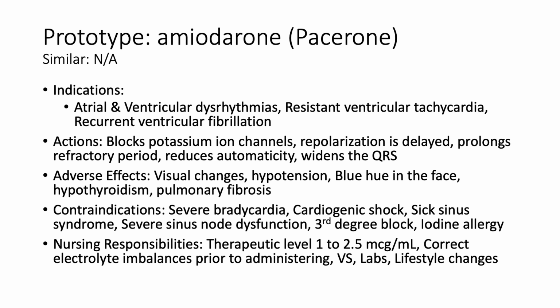So contraindications: bradycardia, for sure. Again, most of these antiarrhythmics are to slow down or to alter fast rhythms. So for sure, with bradycardia, we wouldn't want to give an antiarrhythmic.